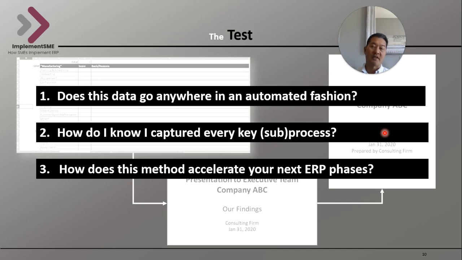Okay, we believe on all three counts, the old, outdated, outmoded model fails. But really the biggest, most dangerous one, in my personal opinion, is number two. You do not know if you captured all the needs by process and by sub-process within the process. The reason is it doesn't provide that kind of framework.